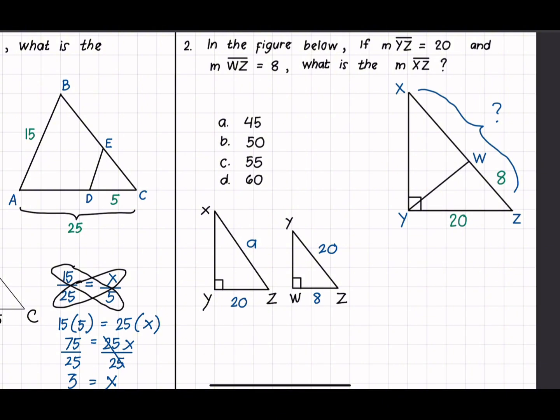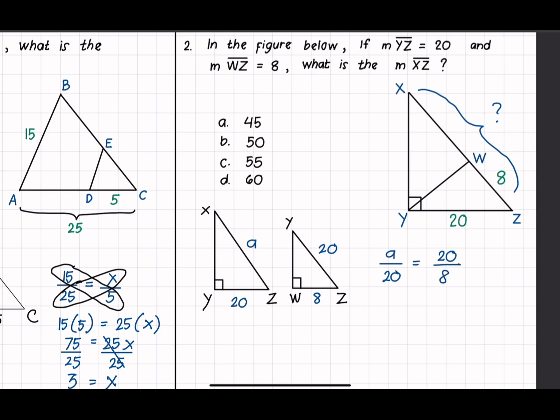So we can create a proportion a over 20, XZ corresponds to YZ, which measures 20, and YZ corresponds to side WZ, which measures 8.